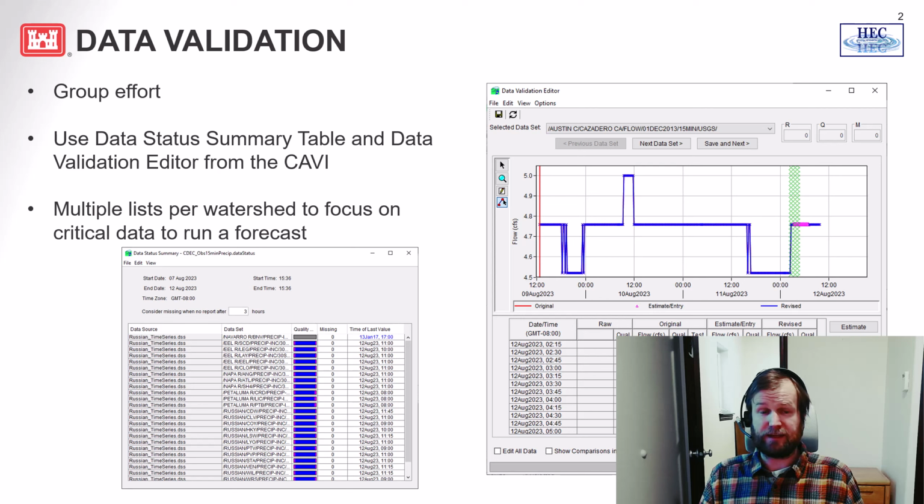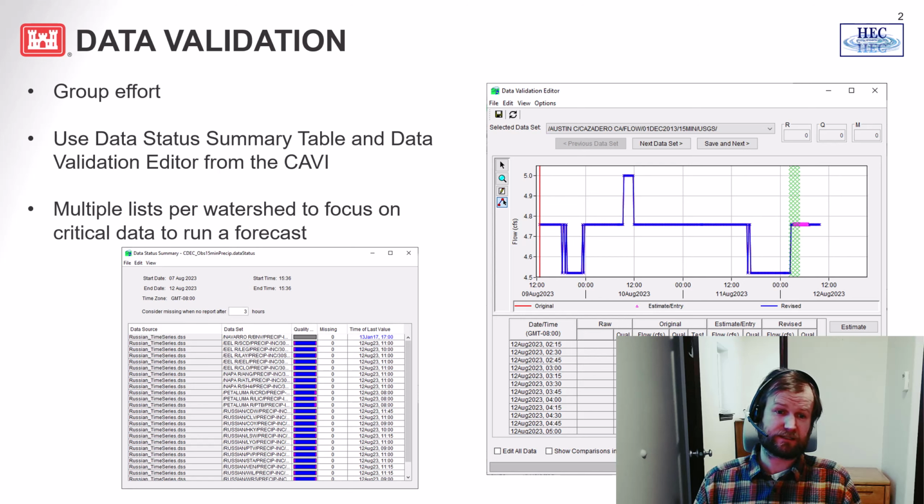And the data validation editor makes it easy to quickly see where there's missing data or if there's data outside of predetermined thresholds, like spikes in data, so that the water manager can quickly review the data and make the necessary changes. And then those changes are saved back to the district database.